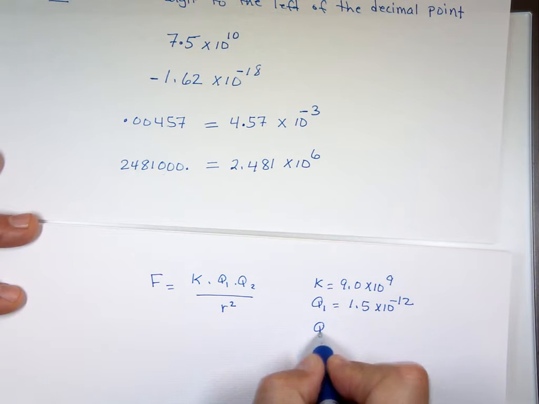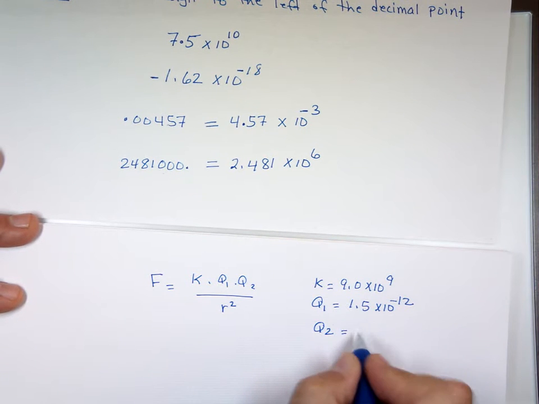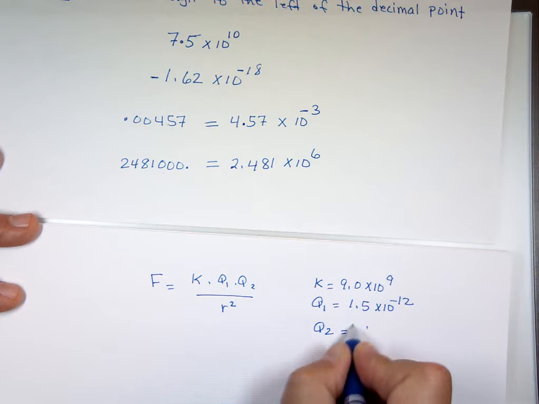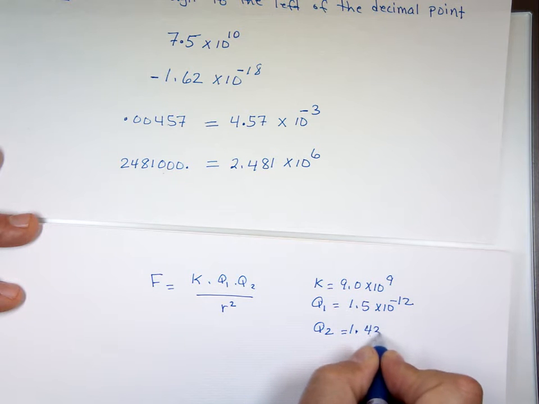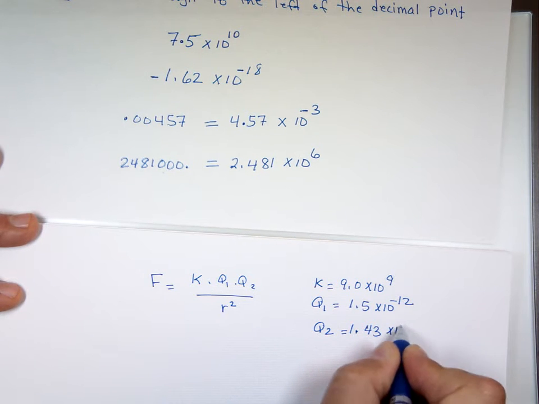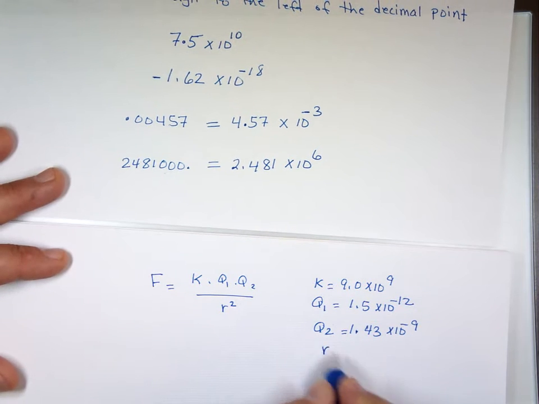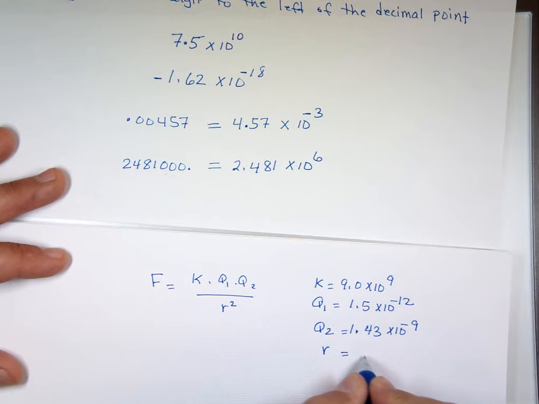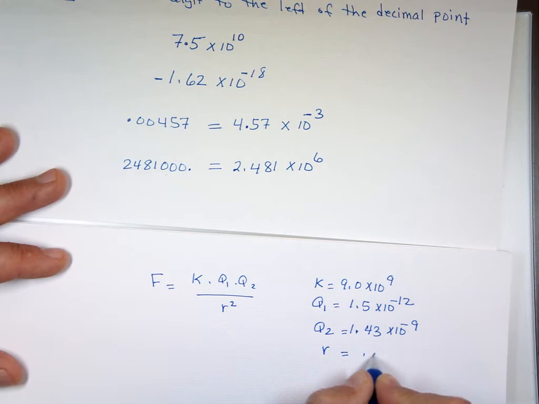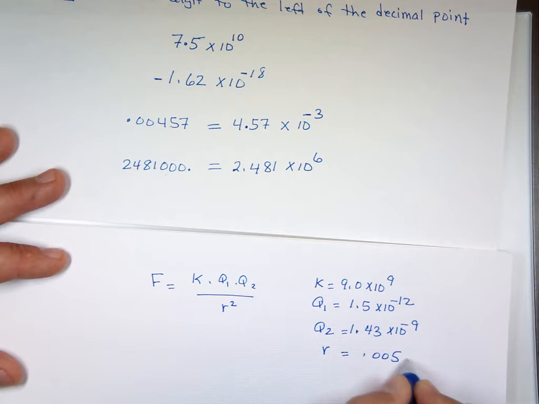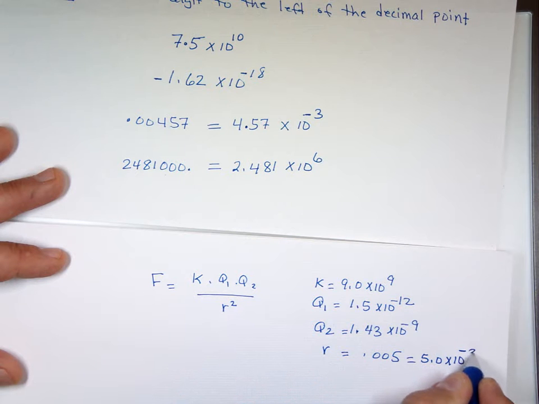Q2 is 1.43 times 10 to the power of negative 9. And let's say the distance between them R is 0.005, which is 5.0 times 10 to the power of what? Negative 3?